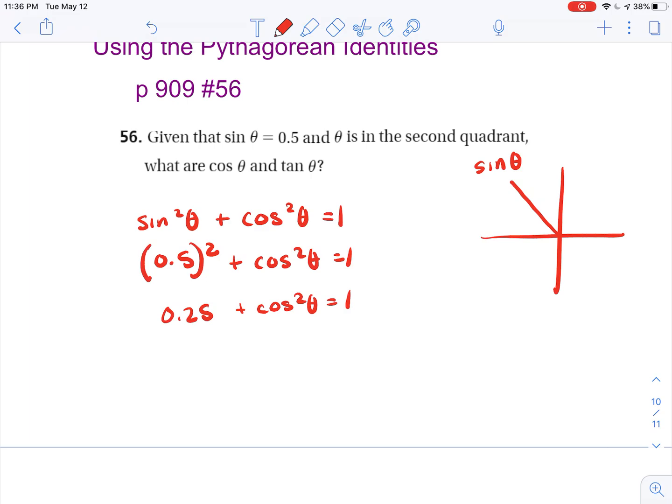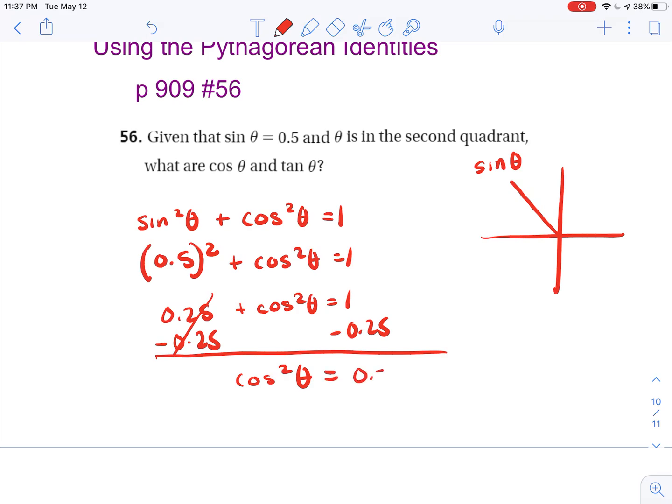So we can solve this by first squaring. So I get 0.25 when I square that. I want to bring it over because I want to isolate my cosine. Cancel. I got cosine squared theta is equal to 0.75.